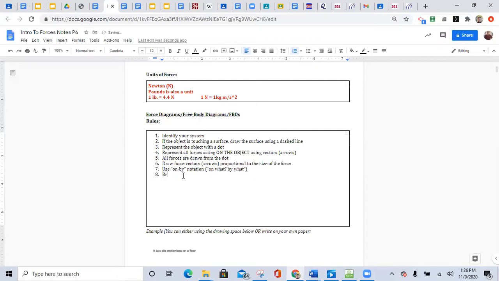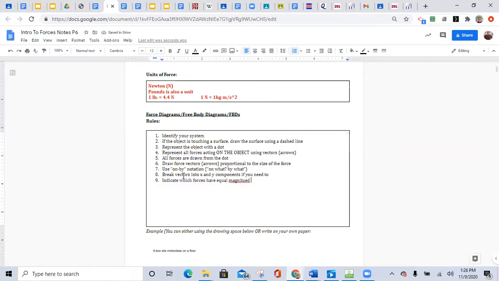Step 8 is break vectors into X and Y components if you need to. Step 9 is indicate which forces have equal magnitude.